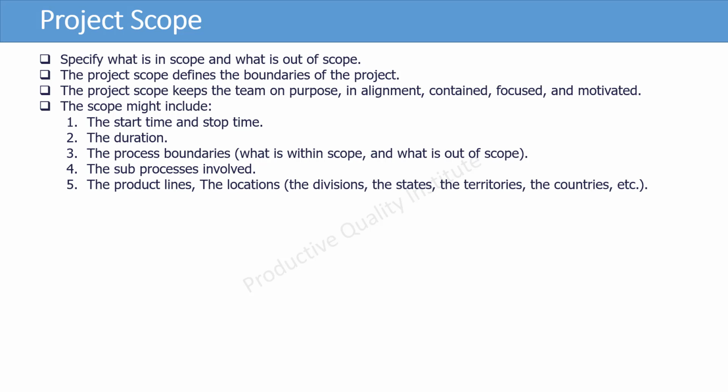The duration. 3. The process boundaries, what is within the scope and what is out of the scope. 4. The sub-processes involved. 5. The product lines, the locations, the divisions, the states, the territories, the countries, etc.